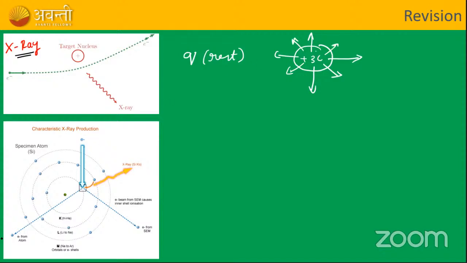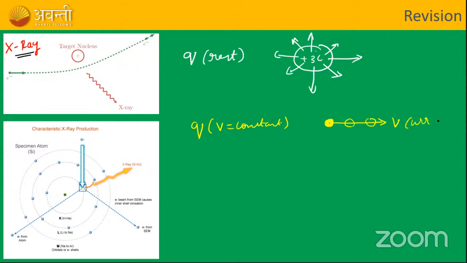My next concept will be what if I take this charged particle and move it with constant velocity? So I'm taking this charged particle 3 coulomb and moving it with a certain velocity v. When charge moves, the rate of change of charge is nothing but current, right?